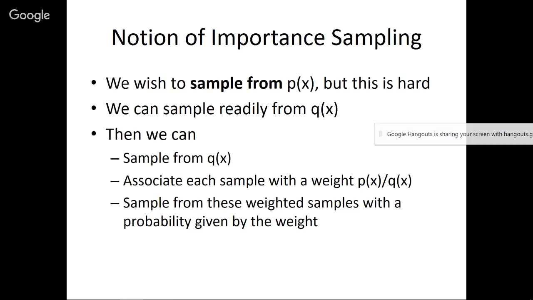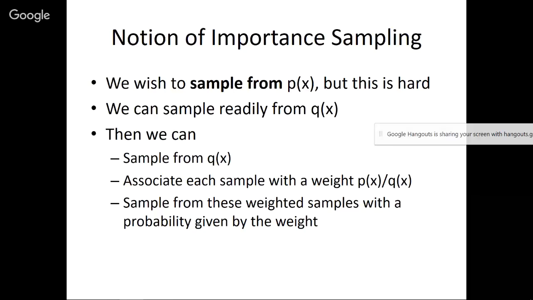And then each of the samples that we get from this proposal distribution, we'll upweight it or downweight it compared to its relative frequency of occurrence in the real distribution we want to sample versus this proposal distribution.